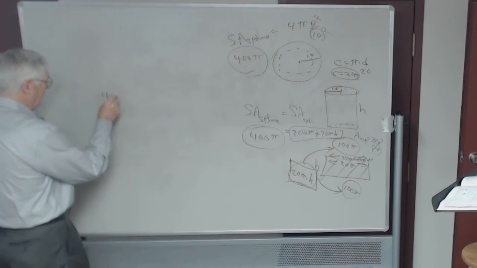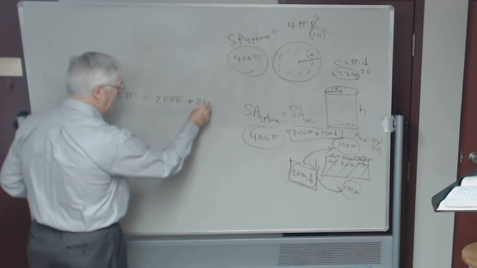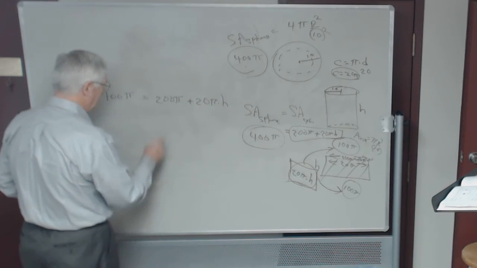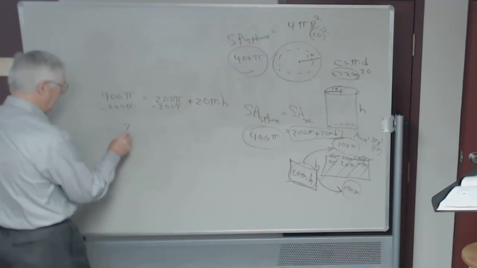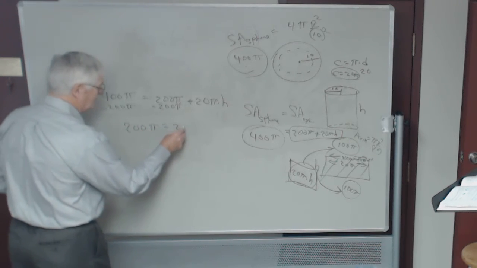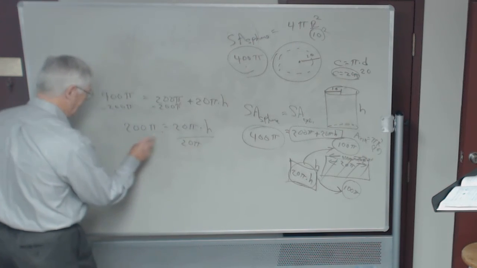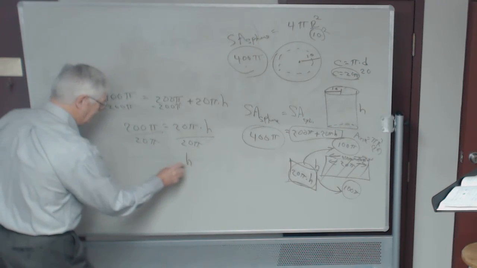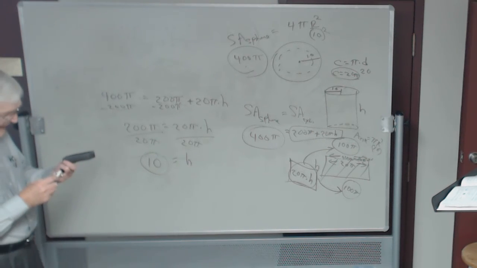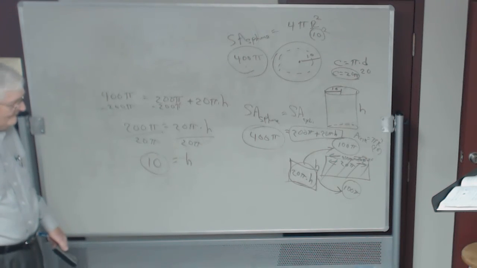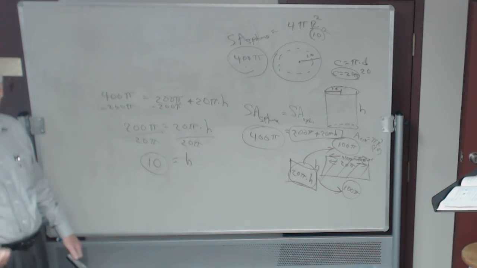So now I come over here and go 400 pi equals 200 pi plus 20 pi times h, minus 200 pi, minus 200 pi, and 200 pi equals 20 pi times h. This is a lot of pies. Divide by 20 pi, divide by 20 pi, and h equals what? 10. Not with a pi. 10 equals h. Wow.